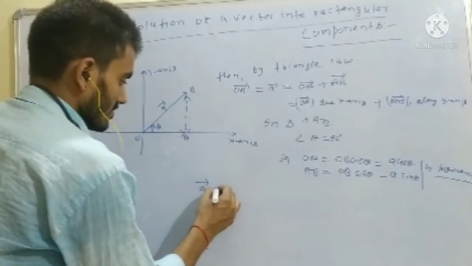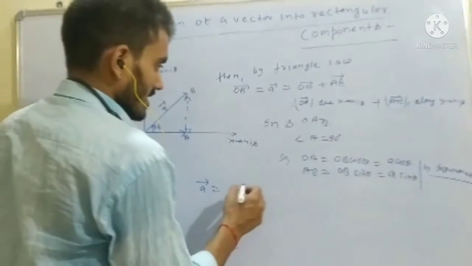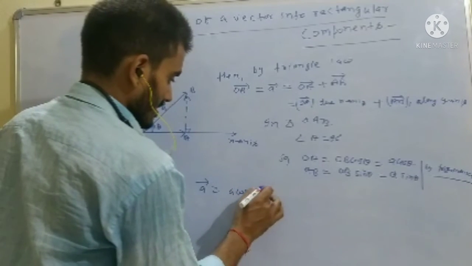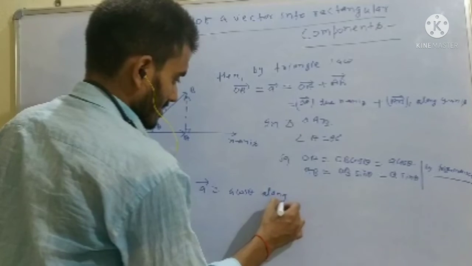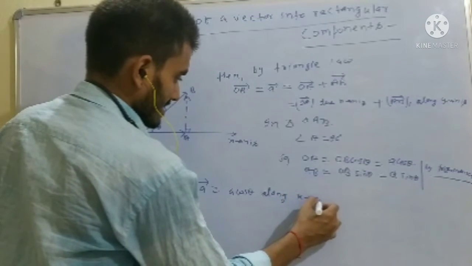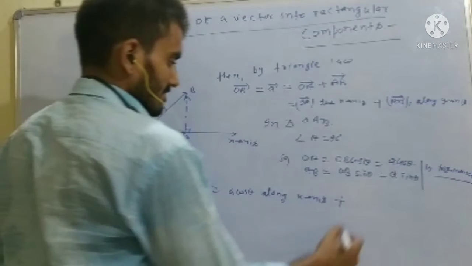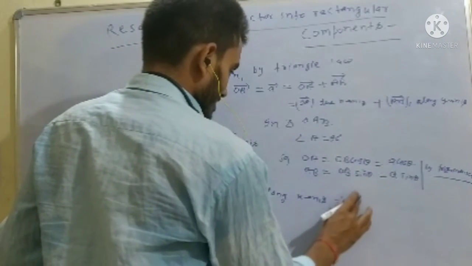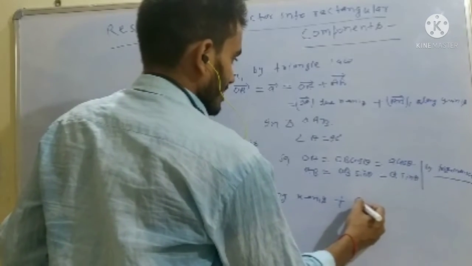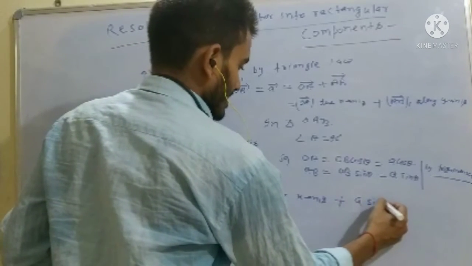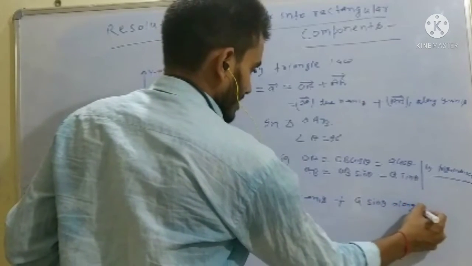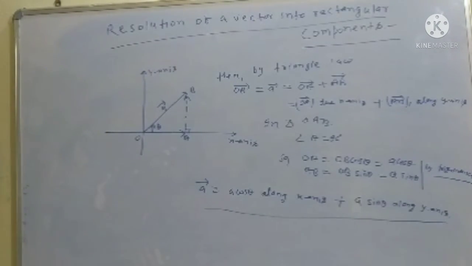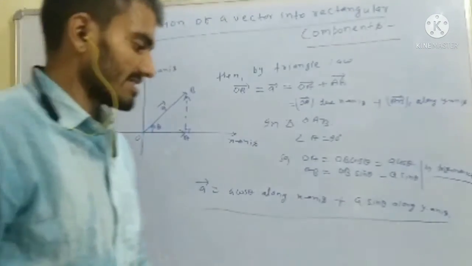A vector equal to OA, A cos theta along the x-axis, plus A sin theta along the y-axis. This is the resolution of a vector along the x-axis and y-axis.